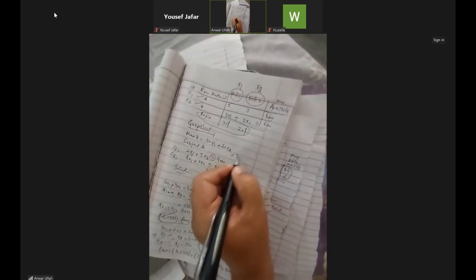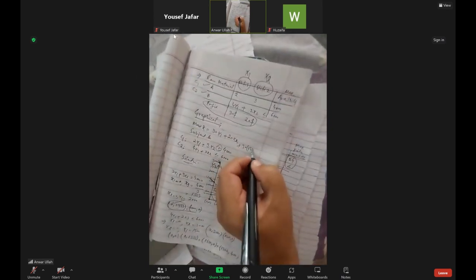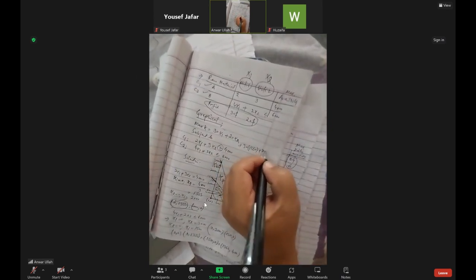And I guess it will be somewhere 1350 for x1 and 400 for x2. So if we plot these 4 values in the objective function, we will get the maximum profit of 1350 plus 20 into 400.